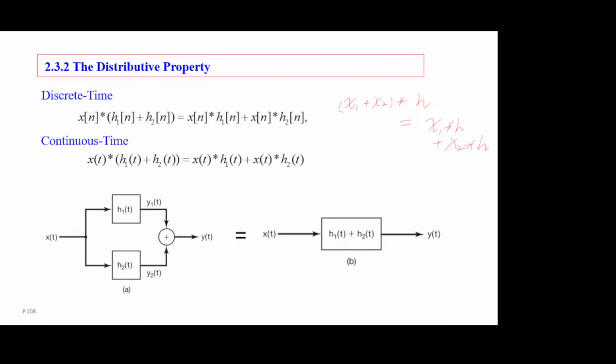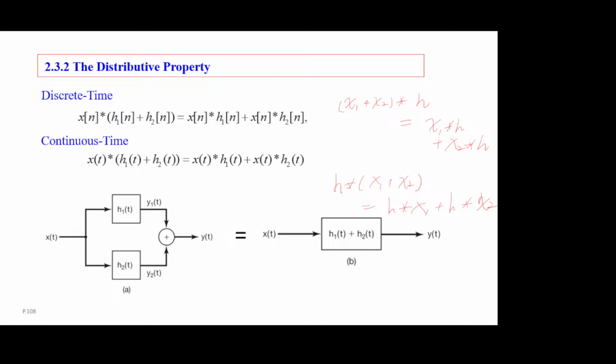This is by linearity: the input is x1 plus x2, so the output should be the linear combination. Then by commutativity, you can swap around and just rename things. So h convolved with x1 plus x2 equals h convolved with x1 plus h convolved with x2. That's a smarter way to see this, but anyway, the distributive property is true.